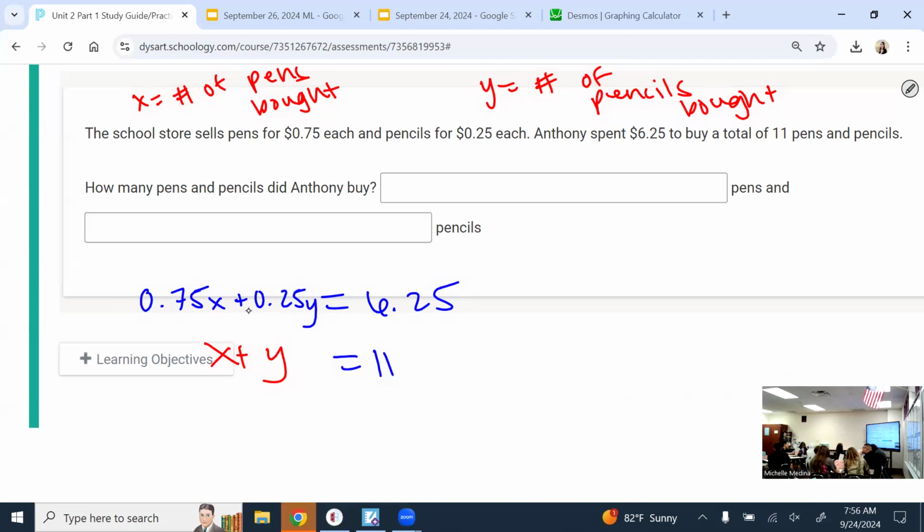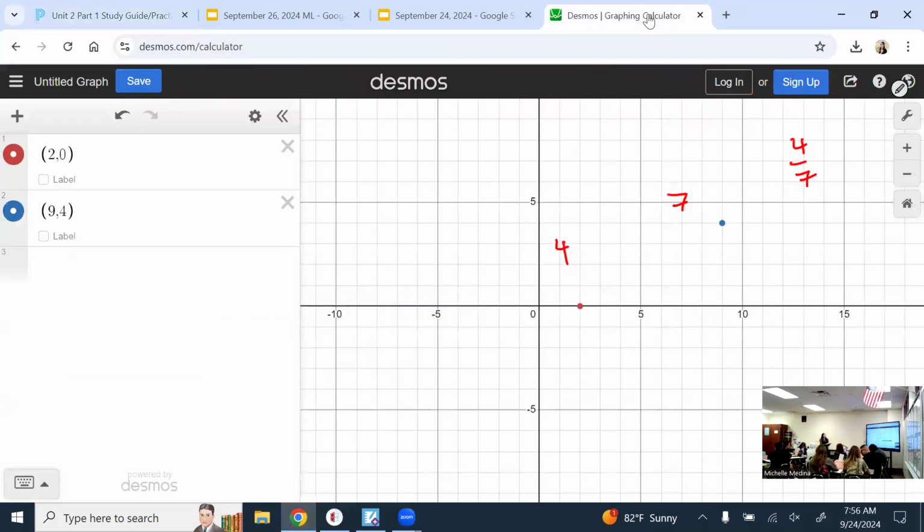So once you have your system, for example, this one isn't making you show your work. What would probably be the easiest way to solve this one? Desmos. You could do elimination if you manipulate the bottom equation. You could do substitution. You could try graphing it, but graphing with Desmos will probably be the best, fastest and most accurate way.